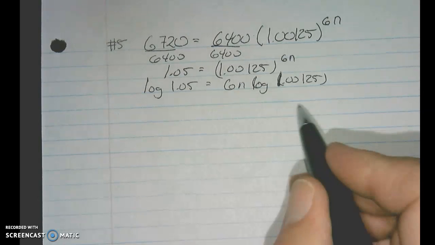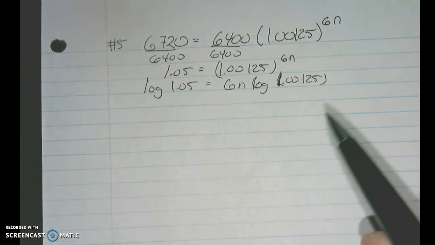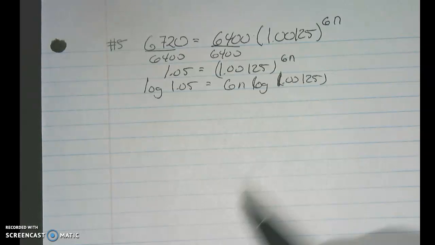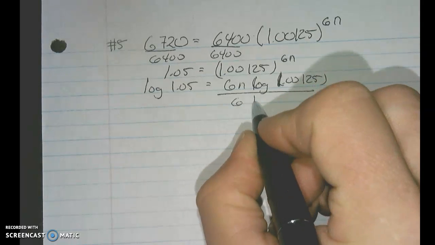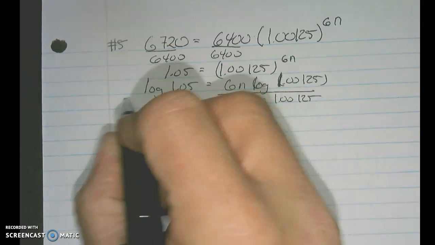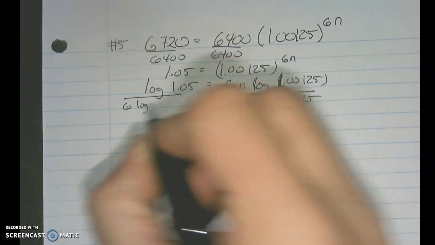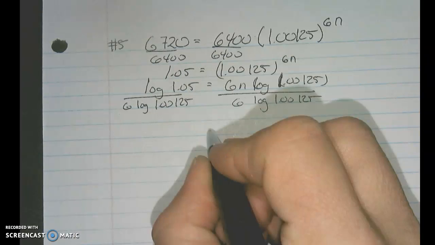So I took the log of both sides. I can do natural log or log. If I change my base like we did in number 4, I do need to use the logs. So now I'm going to divide by 6 log 1.00125.